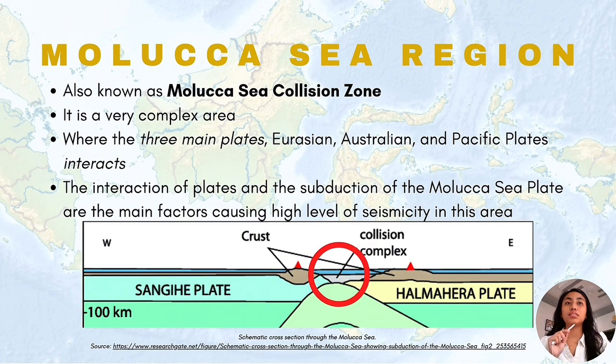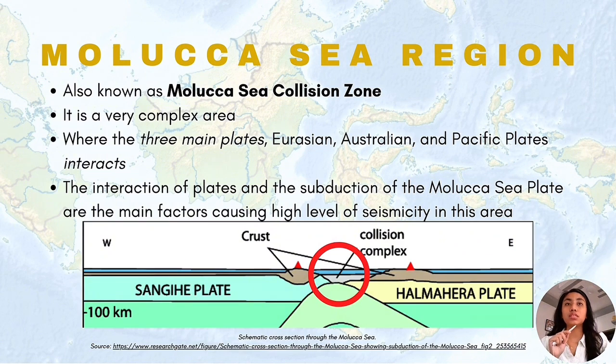This region lies at the crossroads of three major tectonic plates: the Eurasian Plate, the Australian Plate, and the Pacific Plate, particularly through its interaction with the Philippine Sea Plate. The area's complexity arises mainly from the intense collision and subduction occurring here, especially involving the Molucca Sea Plate, which is now being consumed from both sides.